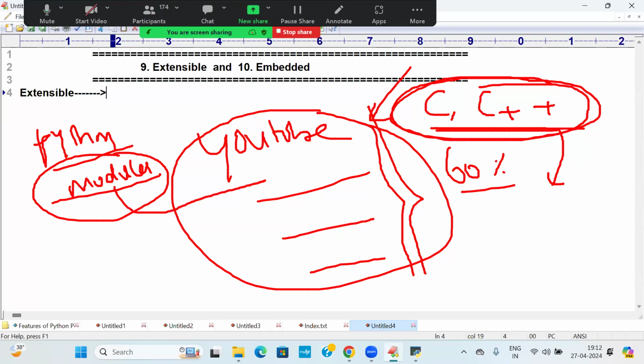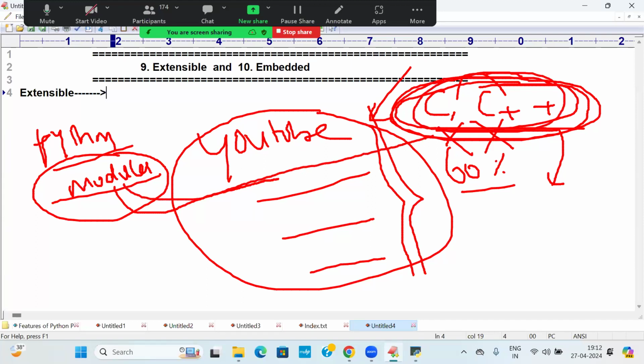Those modules are used in YouTube. That means they are replacing that C++ code. Instead of writing complex coding segments, they write in a simple manner. Instead of writing the complex code, Python is providing services to other languages.